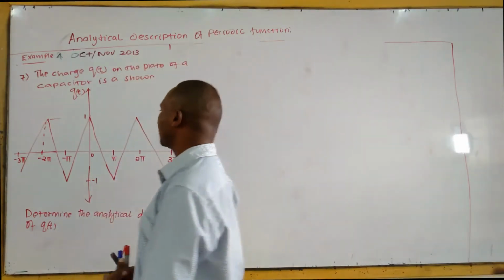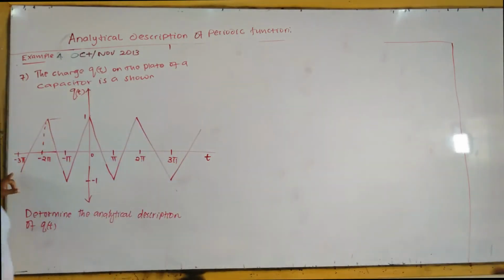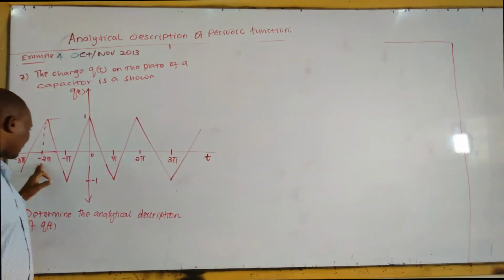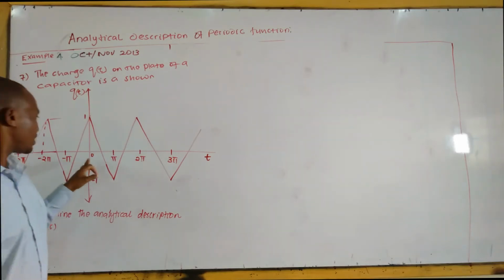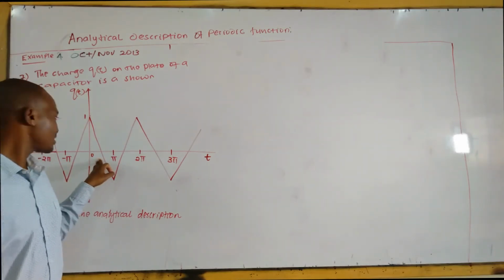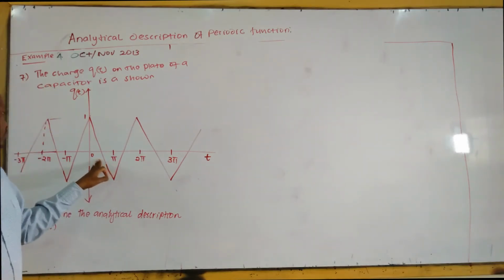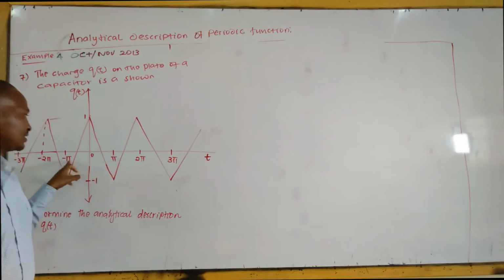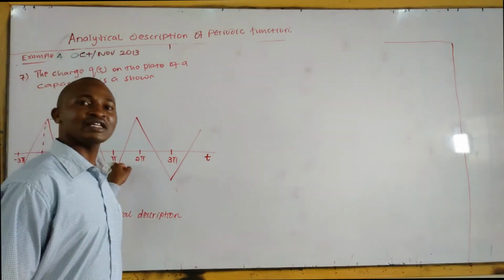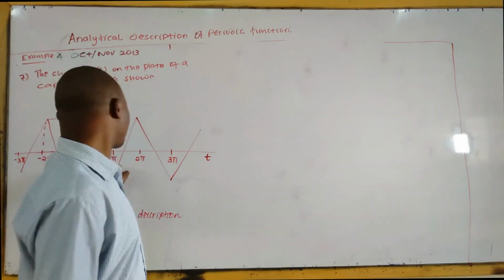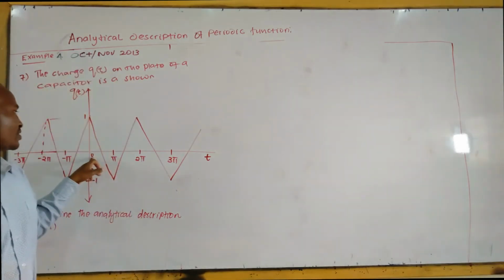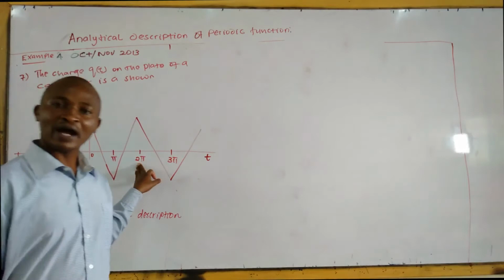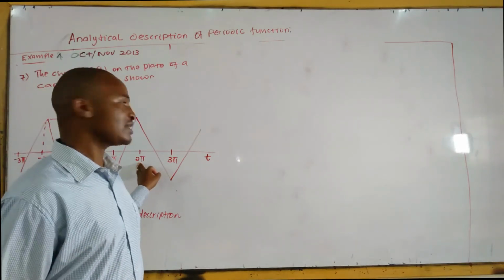You could take the range from negative 2 pi to 0, which is 2 pi radians. We could take the range from negative pi to pi, which is again 2 pi radians. We could take the range from 0 to 2 pi, which is 2 pi radians.